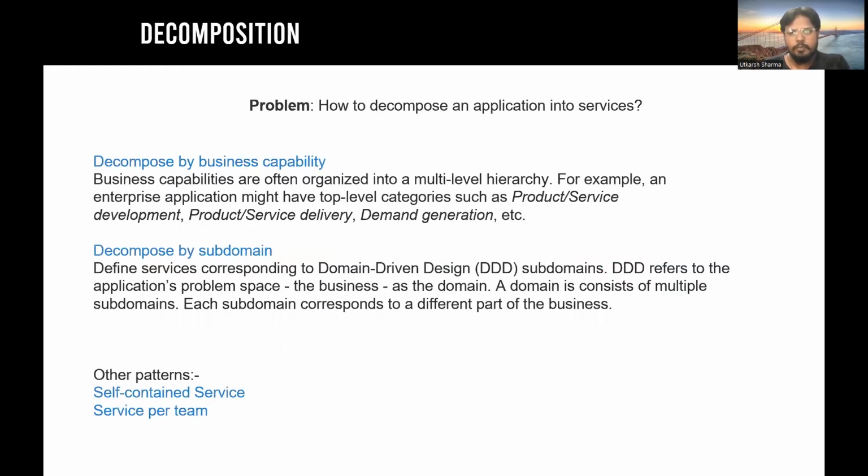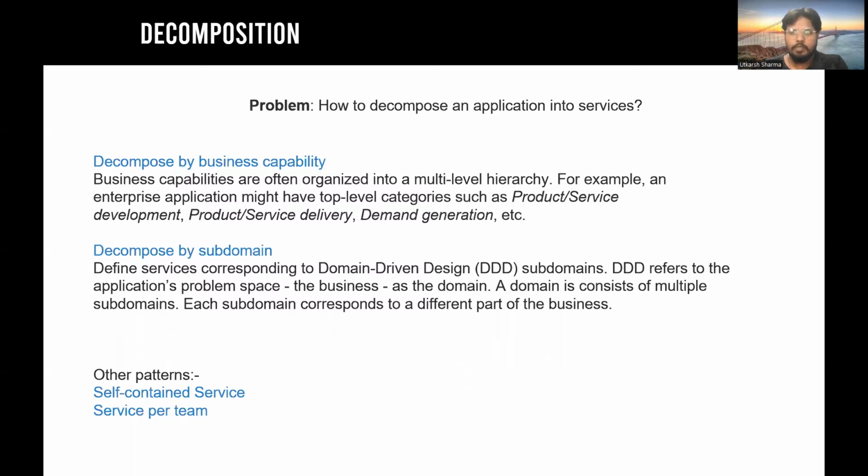Okay, starting with decomposition. Since we already know there is a huge chunk of applications already built as monoliths, a lot of jobs ask you to migrate their application to a microservice-based application.